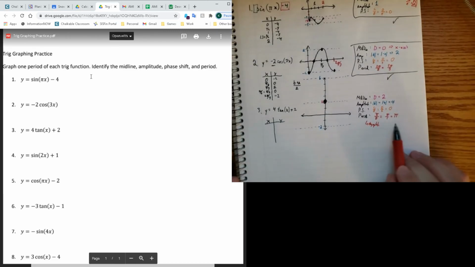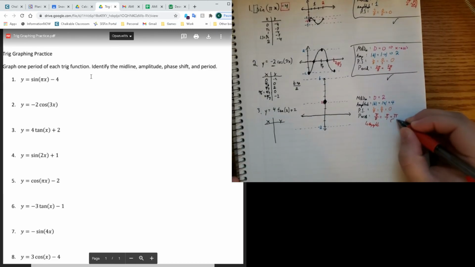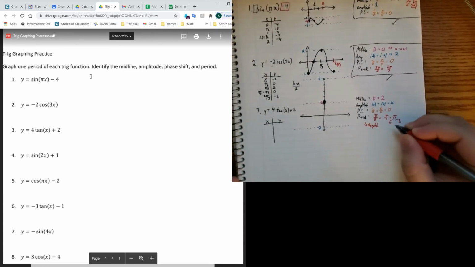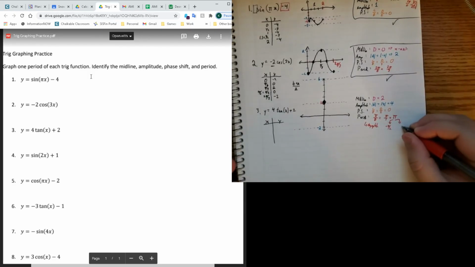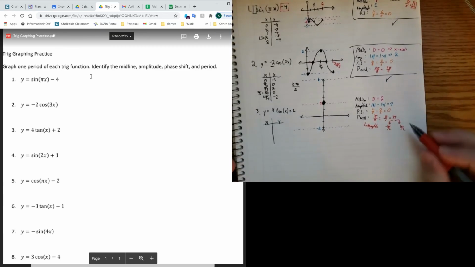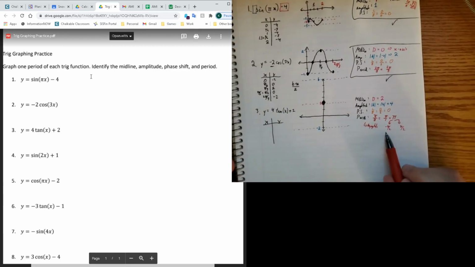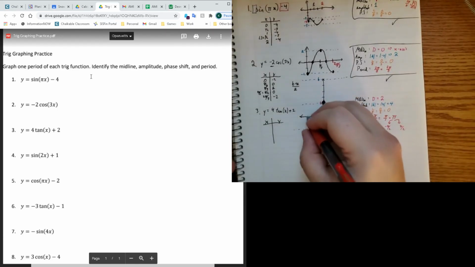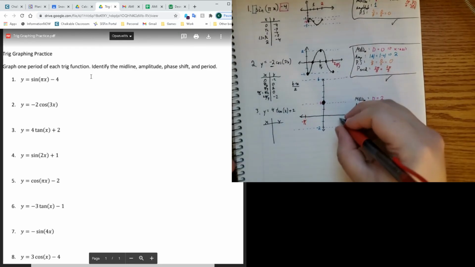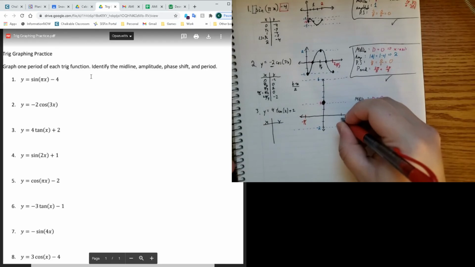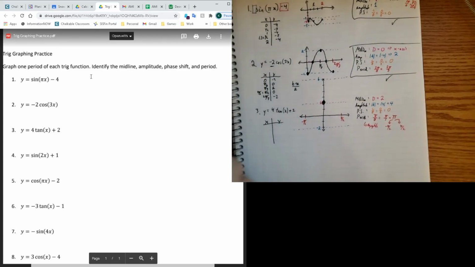And so half this number needs to go to the left, and half this number needs to go to the right. So half of pi would put us at -pi over 2. The other half of pi would put it at +pi over 2. Again, this is where the asymptotes go. It's based upon the period, and you cut that period in half to determine where the two new values are going to be. This tells me that to the left, I need to go -pi over 2. And to the right, I need to go +pi over 2. And these are where the asymptotes are going to be.